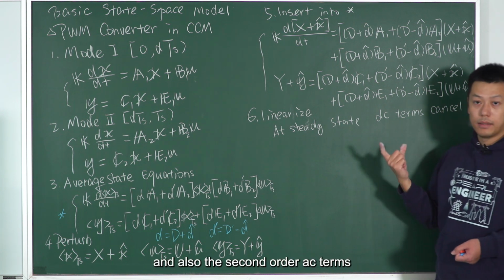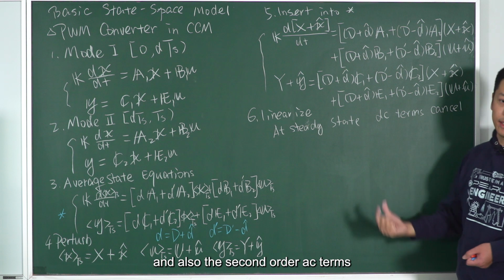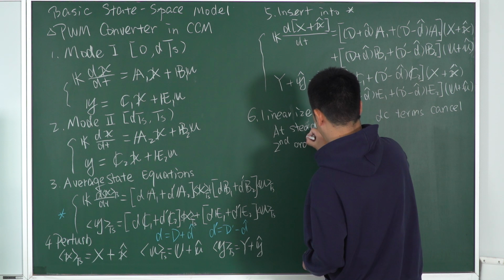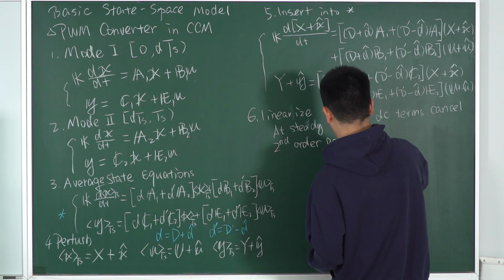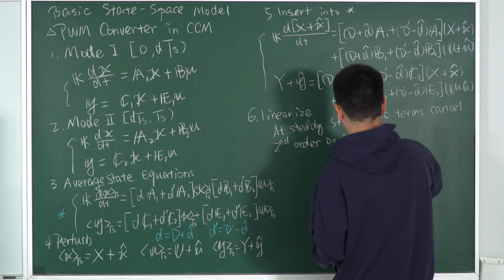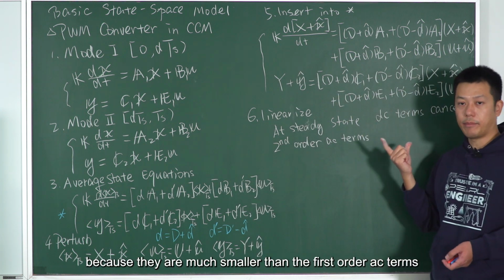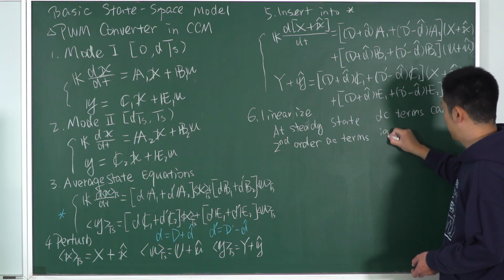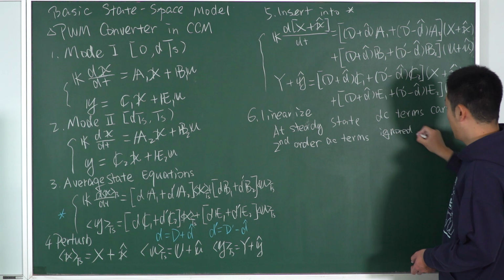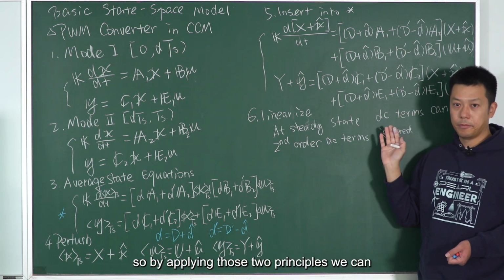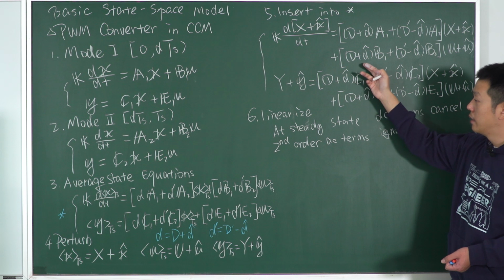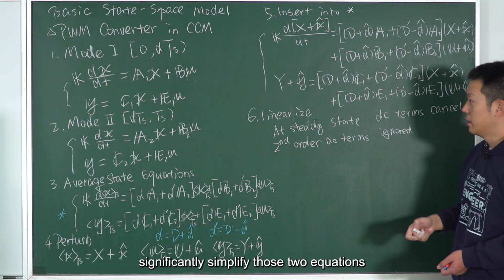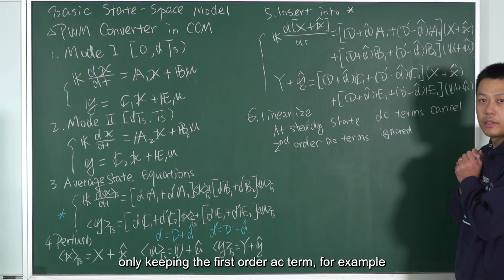And also the second order AC terms can be ignored because they are much smaller than the first order AC terms. So by applying those two principles, we can significantly simplify those two equations, only keeping the first order AC term, right?